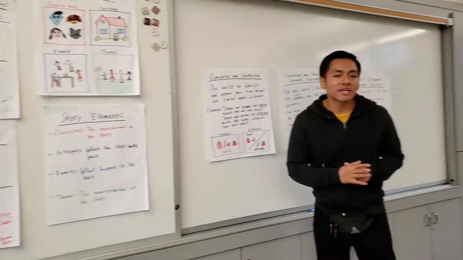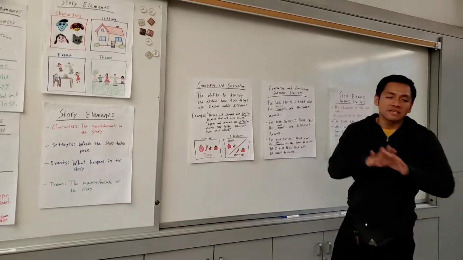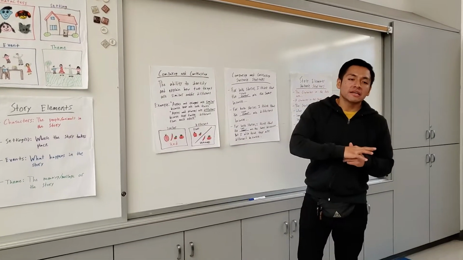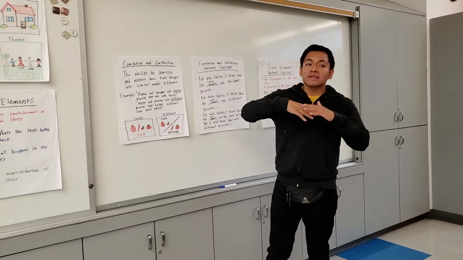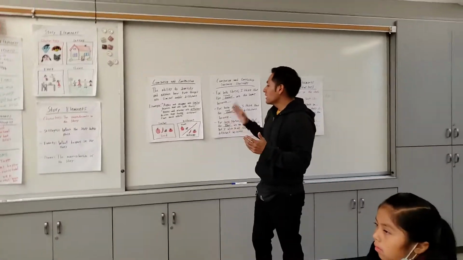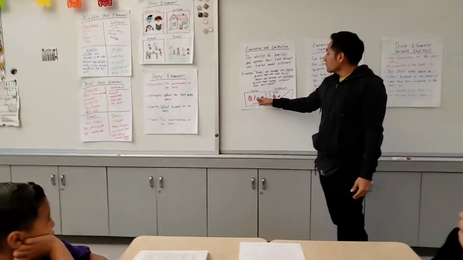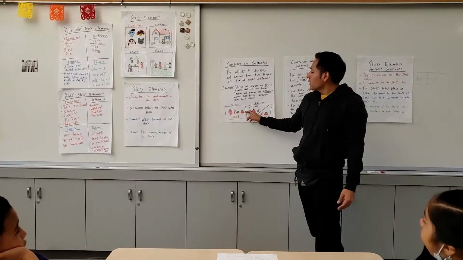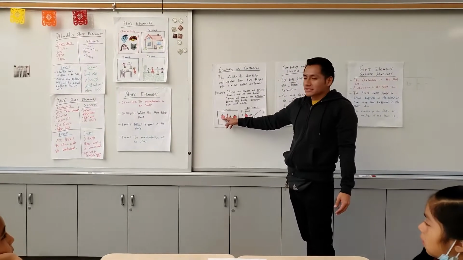Compare and contrast is your ability to tell the differences and the similarities in the story and explain how they are different and or how they are the same. You could be different and the same. For example, right here, we have an example. We have the color red. We have different items. What is this one? An apple.